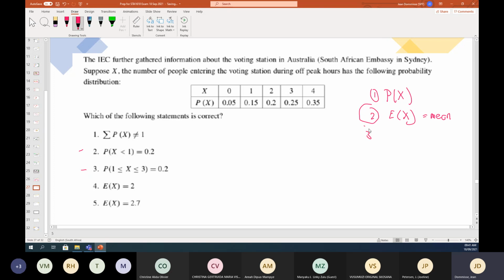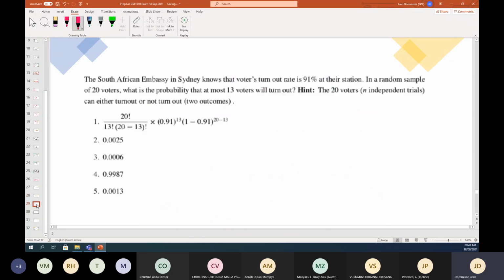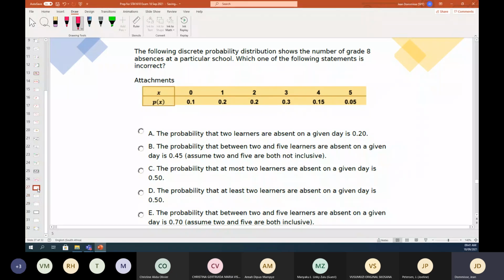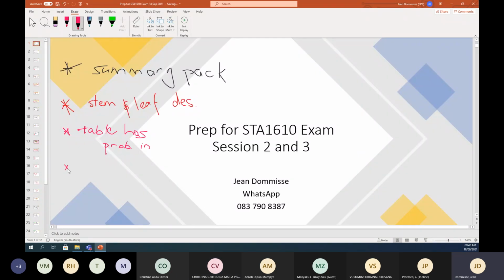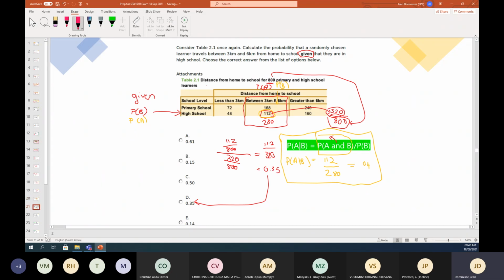And the third one is to work out the variance of x or the standard deviation. So that's basically the 3 things that they can ask us on discrete. I just want to add that, so next time I will have the extra one in here as well.